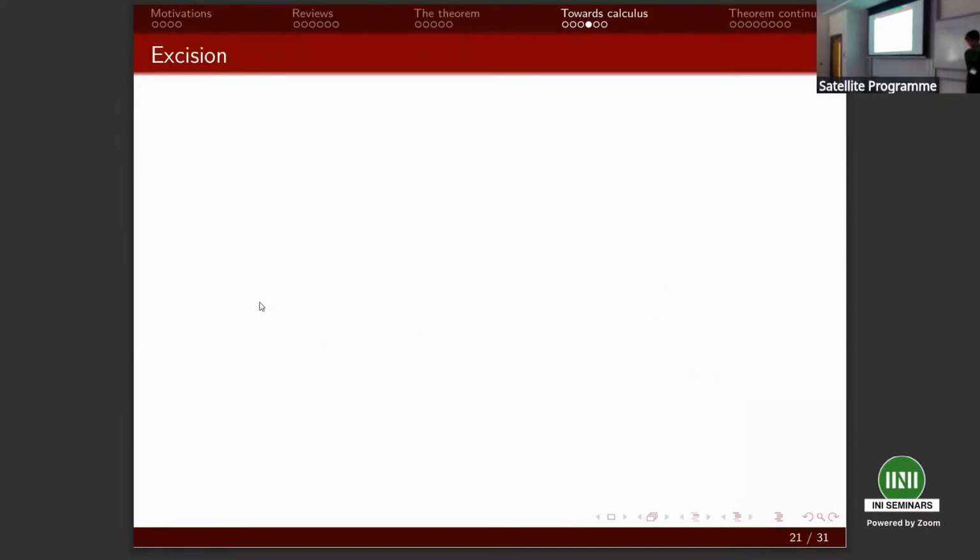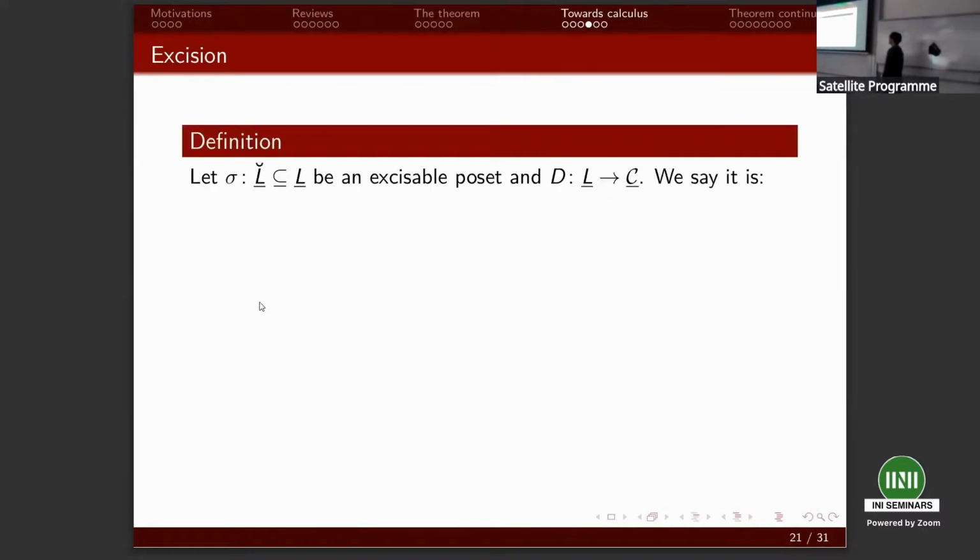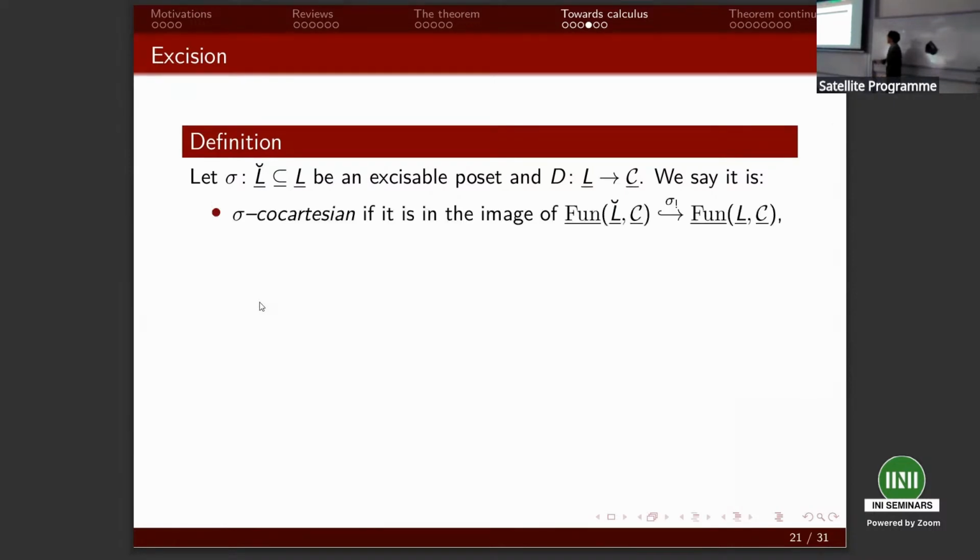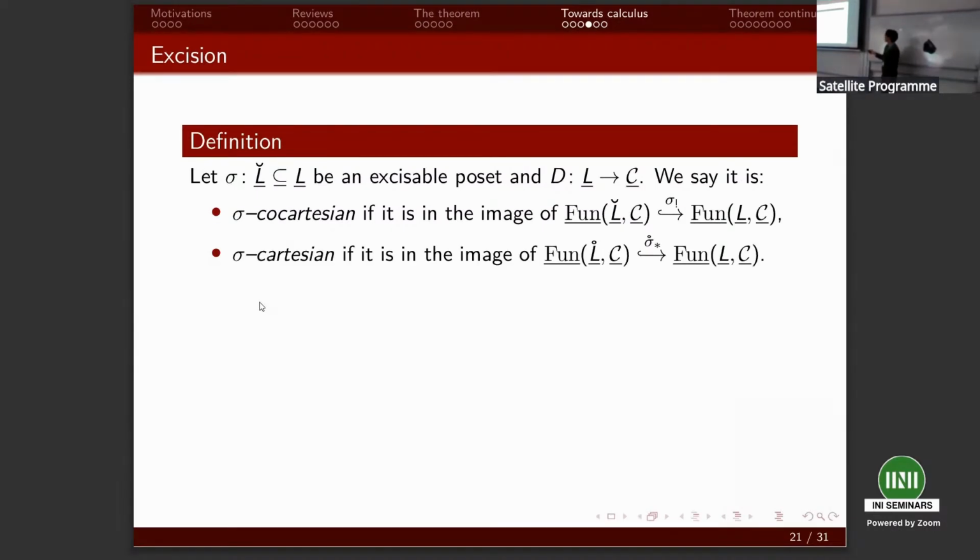Okay. Now using this very abstract formal language, you can define parameterized excisiveness. Suppose you are given an excisable four-set, and suppose you have an L-indexed diagram in C. We say that it is sigma co-Cartesian if it is in the image of the left Kan extension, and sigma Cartesian if it is in the image of the right Kan extension from this subcategory.